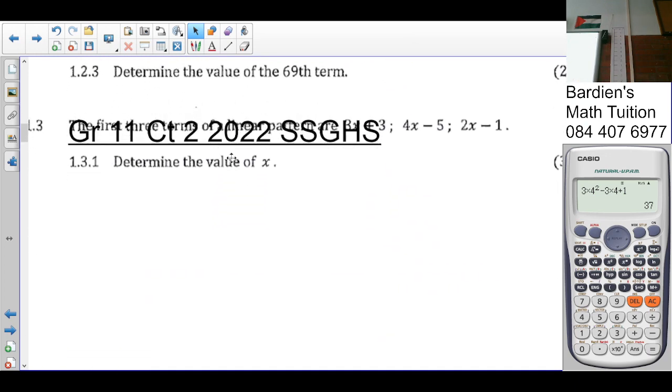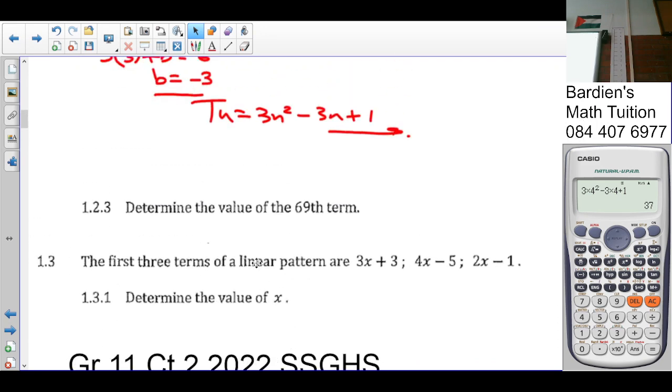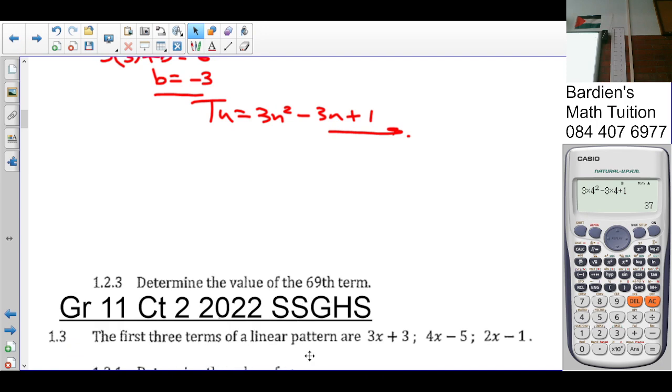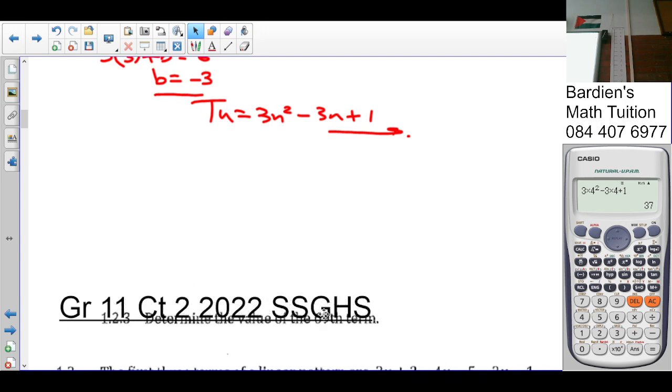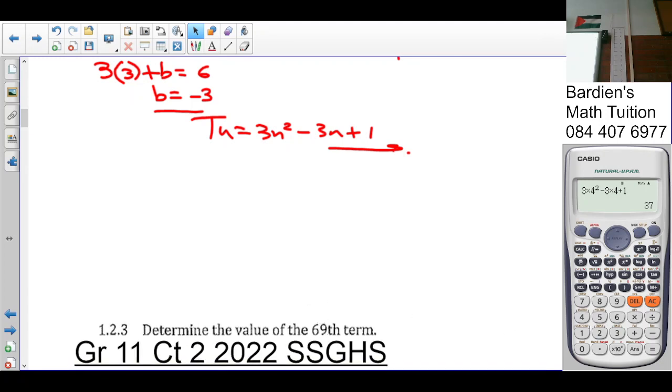Determine the value of the 69th term, the question reads. So again, this is now 1.2.3.